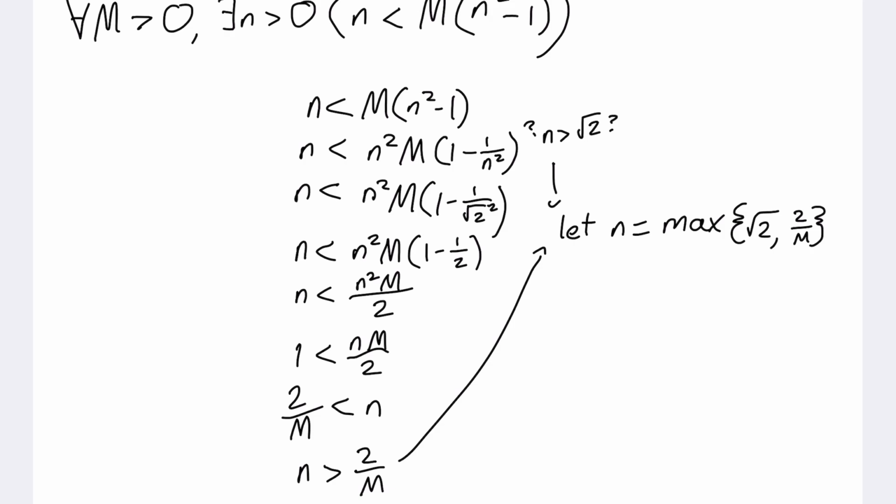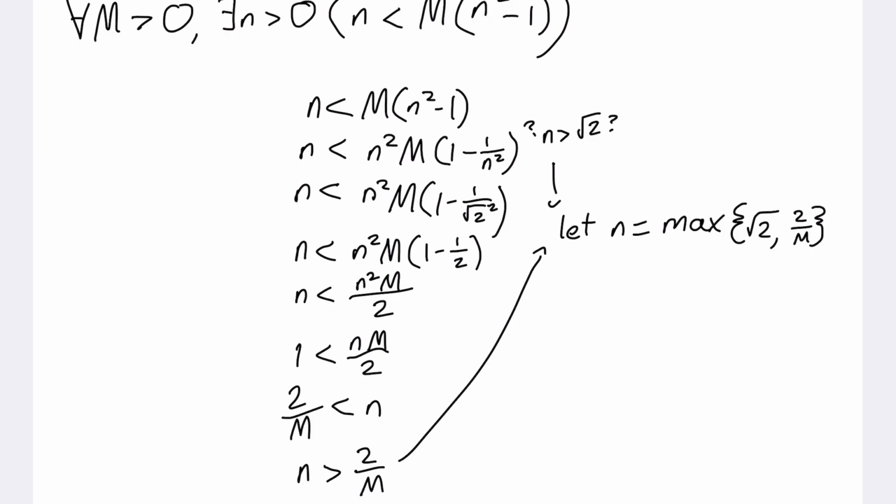This max function doesn't work like functions you might be used to, because it doesn't calculate an algebraic expression based on the variables it's given. But it's well defined. There's never any ambiguity as to what it does. So it's a thing you can use. So between root 2 and 2 over m, whatever of the two is greater, n will be equal to that.